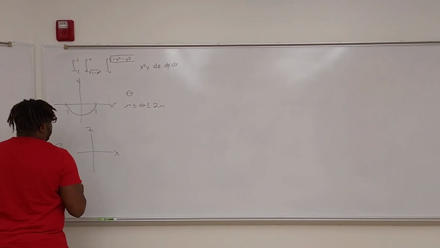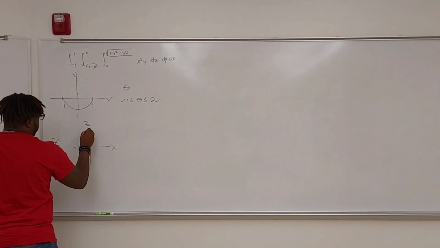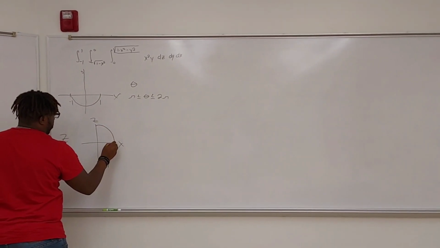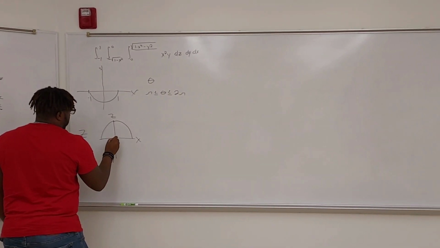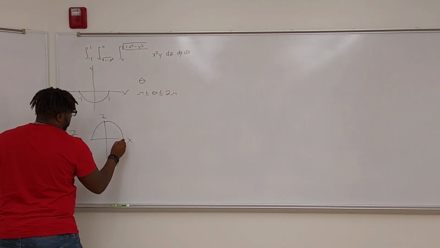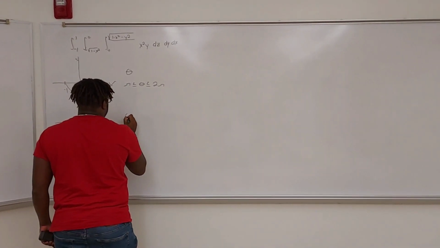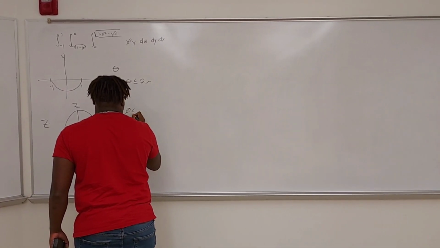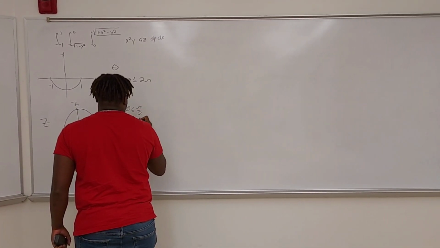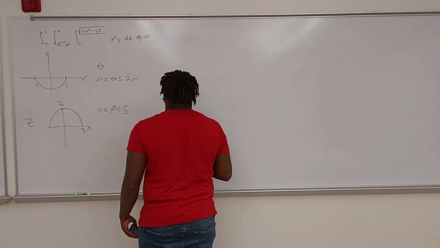Okay, and then it will expand outward this way to graph a spherical coordinate in the equation. So it goes from 0 to pi over 2.